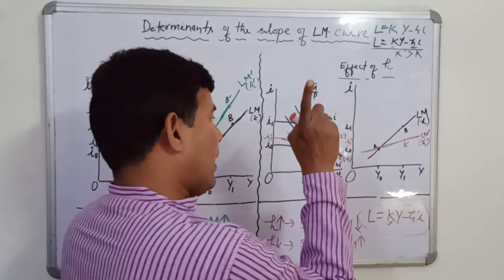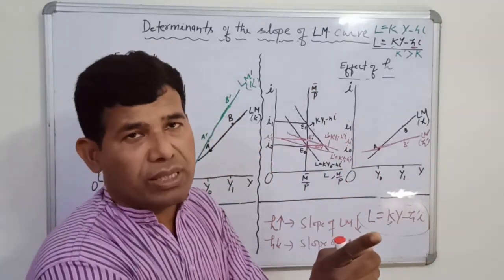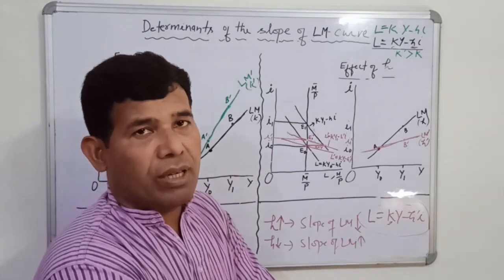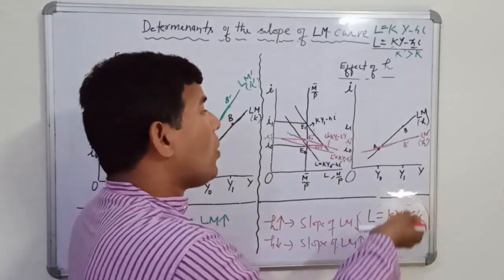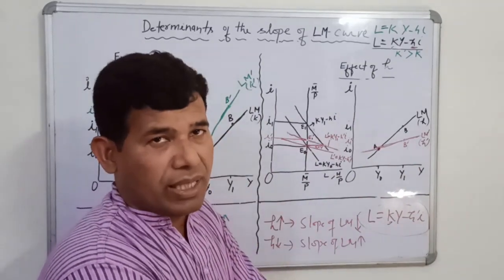Remember, here the slope of the LM curve is not only going to decide the effectiveness of fiscal policy, but it is also going to decide the effectiveness of monetary policy, right?